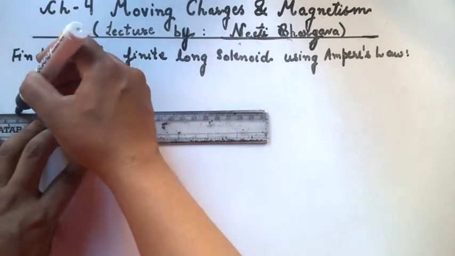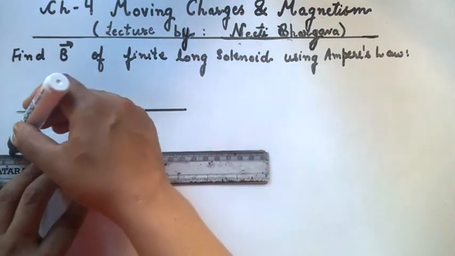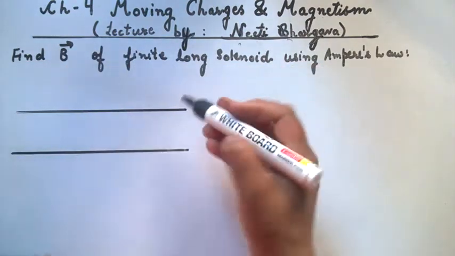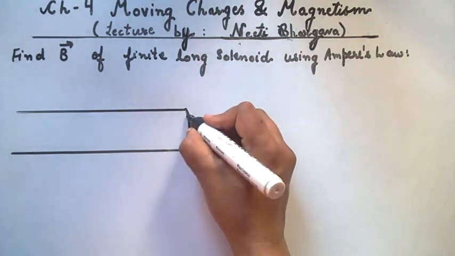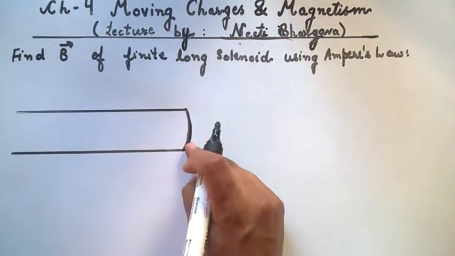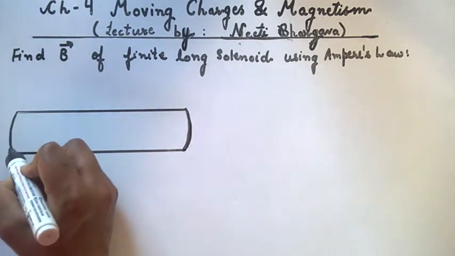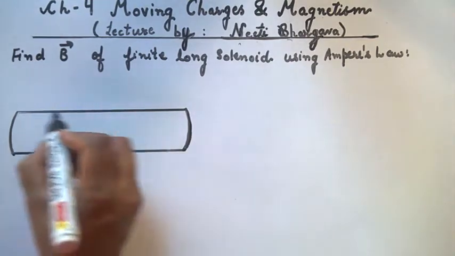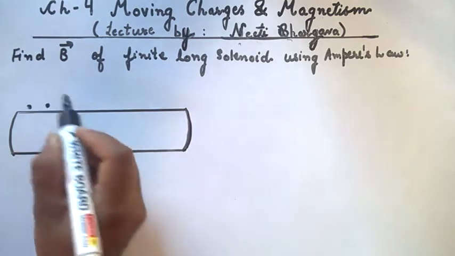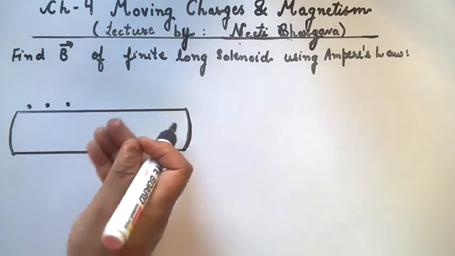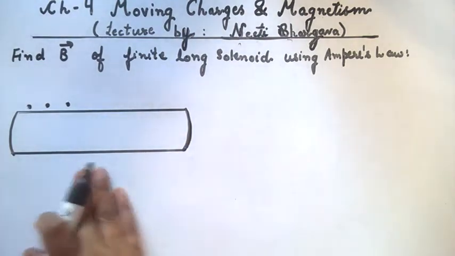A finite solenoid, as it's a long one, appears like a cylindrical metal sheet. Let the current be flowing in the anticlockwise direction, and the current appears to be coming out of and going into the plane of the paper at the front part.